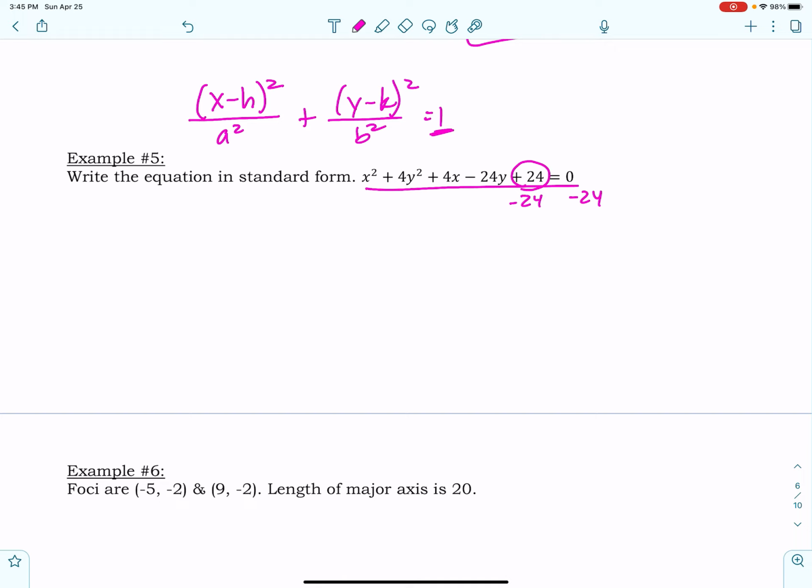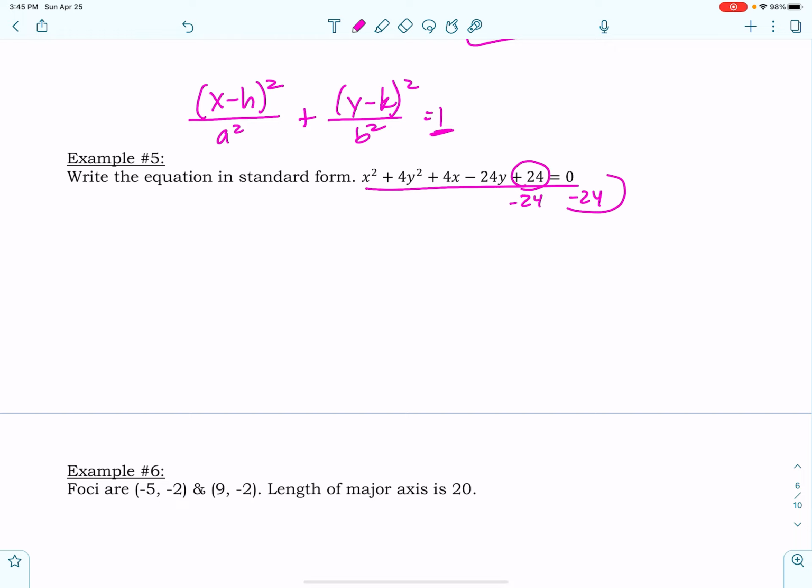Okay, so this first step, I'm going to do two things. I'm going to show the -24 on the right of the equal sign, and notice that this is x squared, then 4y squared, then 4x, then -24y. I am going to rewrite this so that the x's are grouped together and the y's are grouped together.